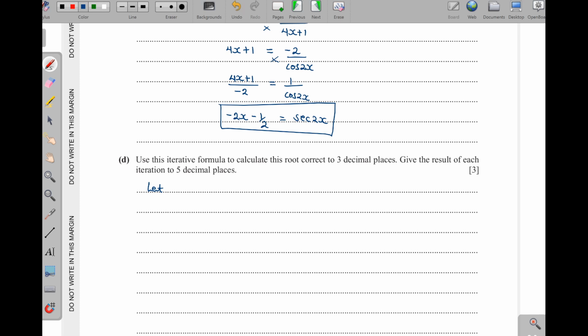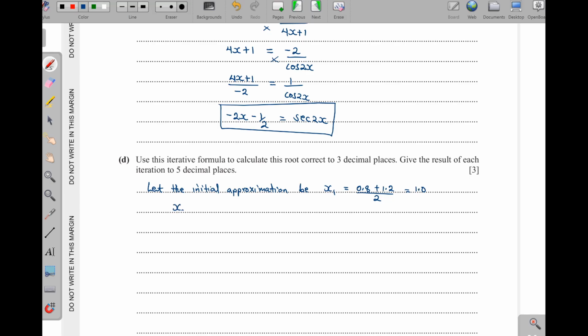You get the average. So let the initial approximation be, let's say, x1, which is going to be 0.8 plus 1.2, which becomes a 2. When you divide by 2, you get 1.0.